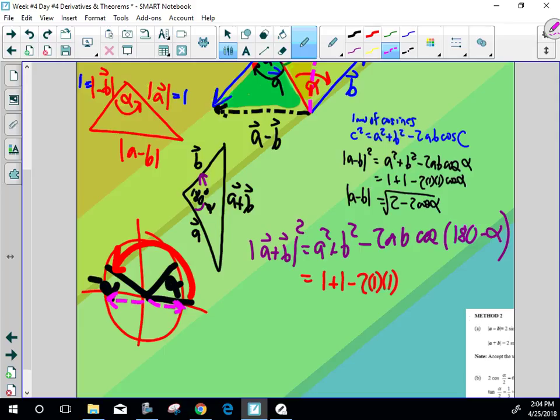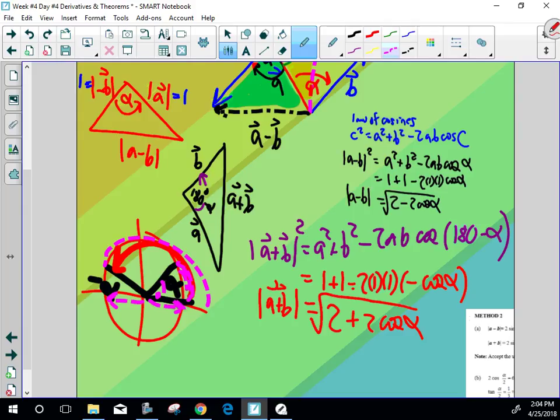That's the crux of this problem. The cosine is opposite for 180 minus alpha. So this is going to be negative cosine of alpha, which does what to this sign here? Negative 2 times negative will be positive 2 cosine alpha is A plus B squared. Take the square root of both sides, and there you get the other one. So those are your two answers for part A.